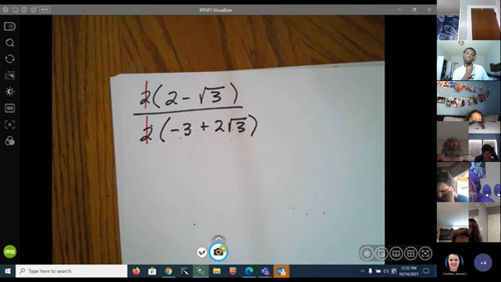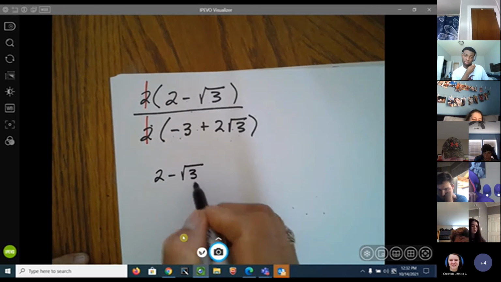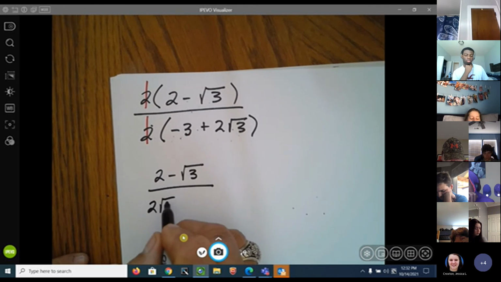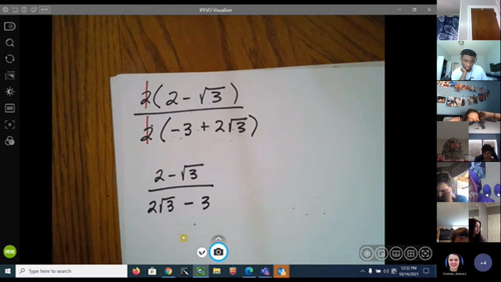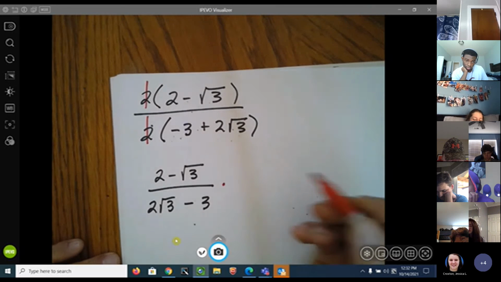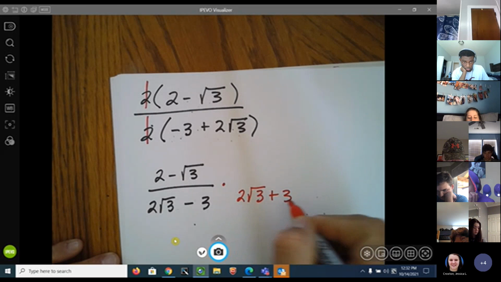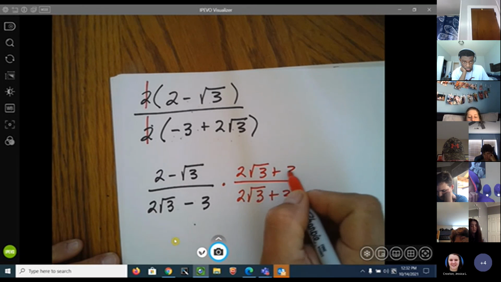Now we're going to use the conjugate. I'm going to rewrite this: 2 minus the square root of 3 over 2 square root of 3 minus 3. And I'm going to multiply by the conjugate, and that's going to give me 2 square root of 3 plus 3, over 2 square root of 3 plus 3.